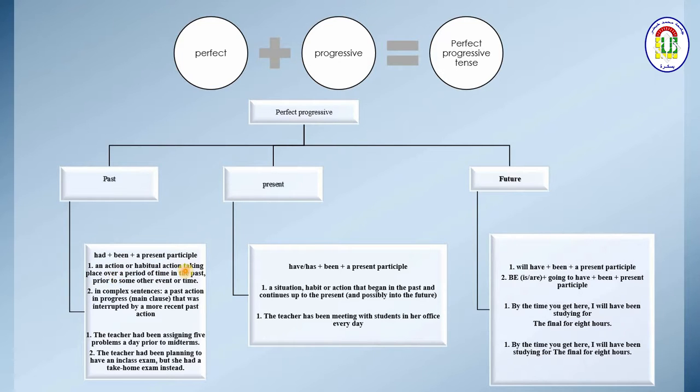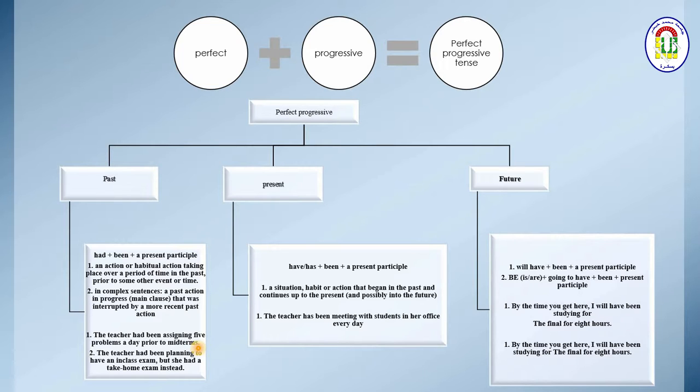It is used when I have an action or habitual action taking place over a period of time in the past prior to some other event or time. Example: the teacher had been assigning 5 problems a day prior to midterms, and the midterms have ended in the past.